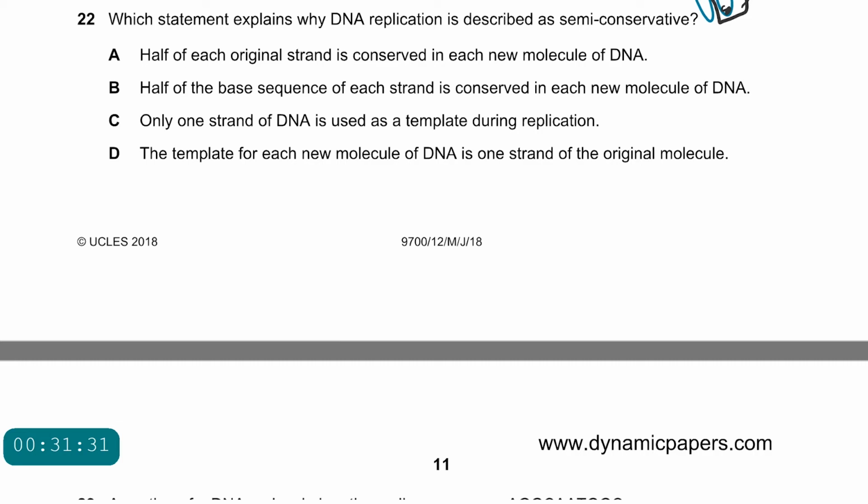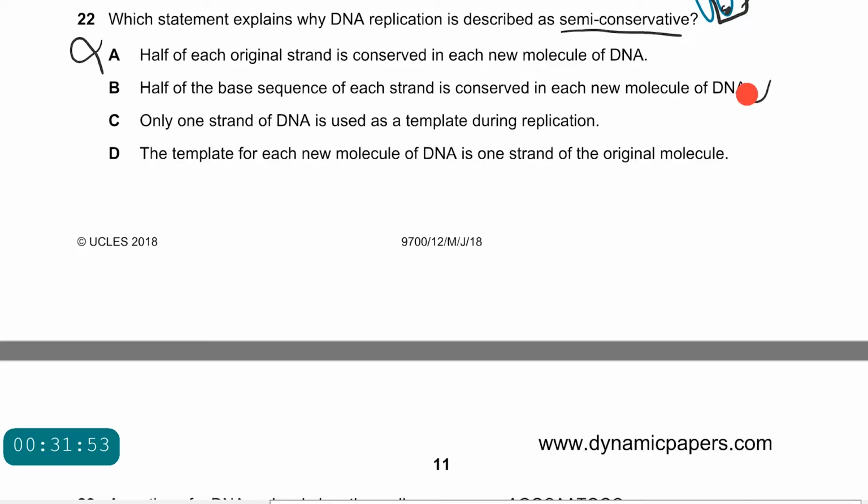Question number 22. Which statement explains why DNA replication is described as semi-conservative? To start with, A. Half of each original strand is conserved in each new molecule of DNA. No half strands are conserved at all, so this is incorrect. B. Half of the base sequence of each strand is conserved in the new molecule of DNA.